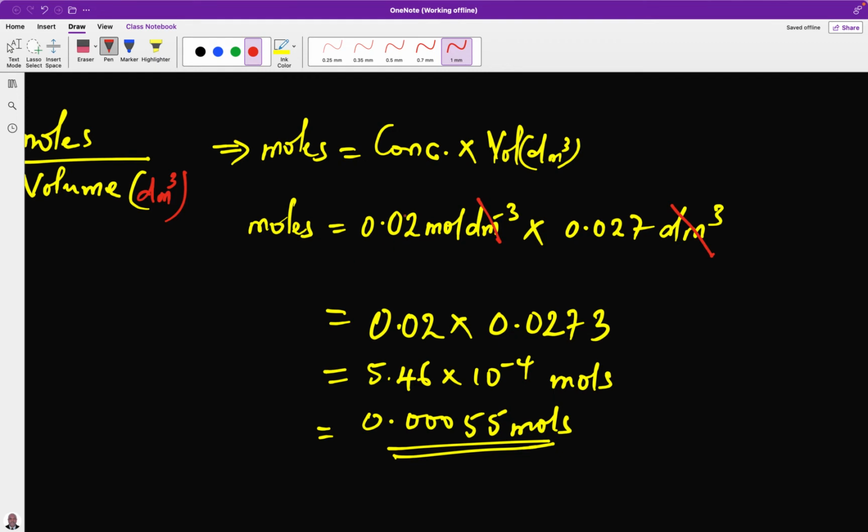And you will have 0.02 moles times 0.027, which is 0.02 times 0.027, 73, sorry. If you do that, you will have your answer in a very simple way. You will have no problem.